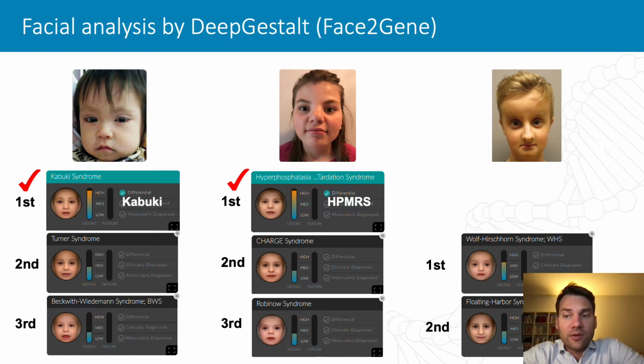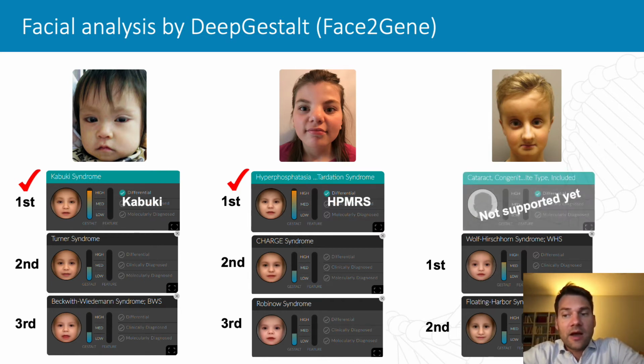For the third disorder, however, we do not see such a high Gestalt score for the suggested diagnosis on the top rank, although there are certain features that would fit. The micrognathia, for example, is also a feature in Wolff-Hirschhorn syndrome. However, the correct diagnosis is not in the list of syndromes this AI can recognize.